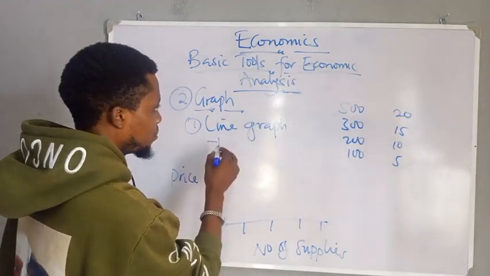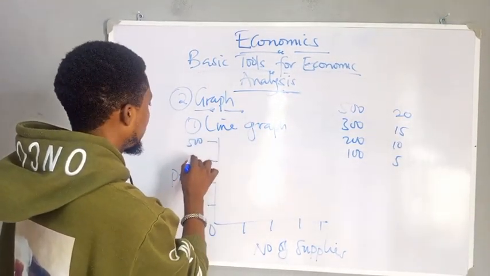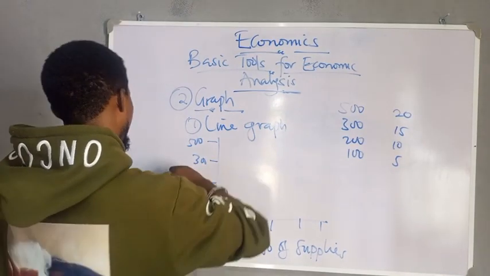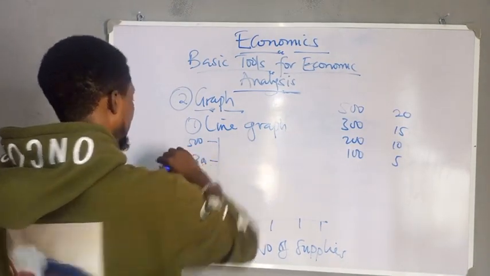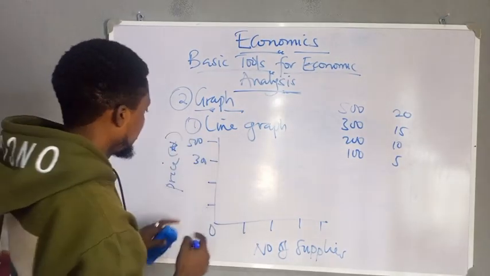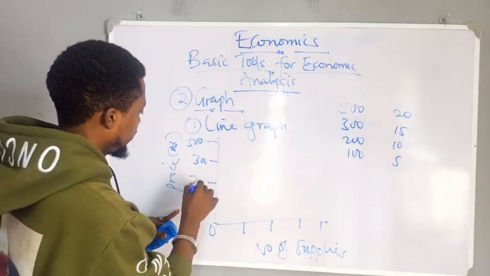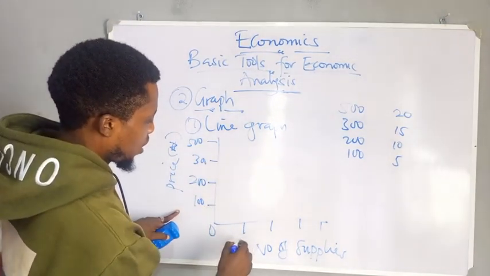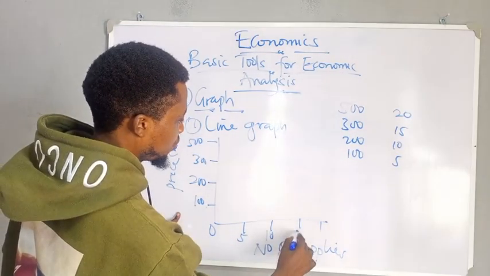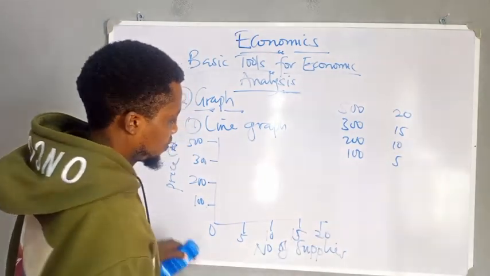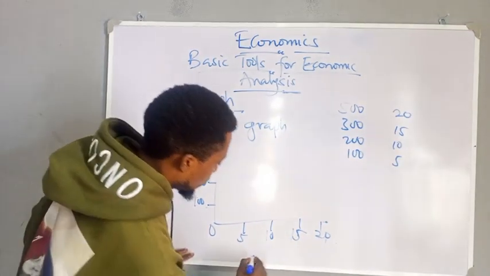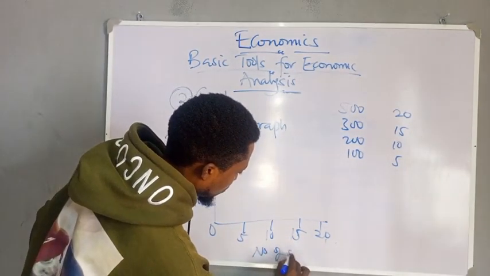Here we have 500, 300, 200, 100 in naira. Here we have 5, 10, 15, 20. Number of supplies.